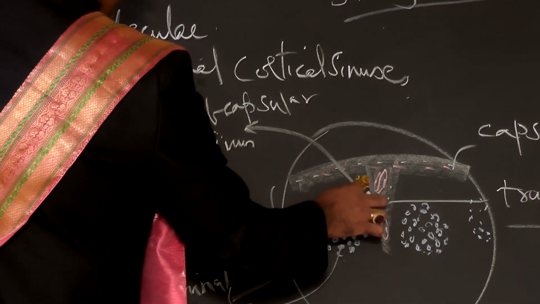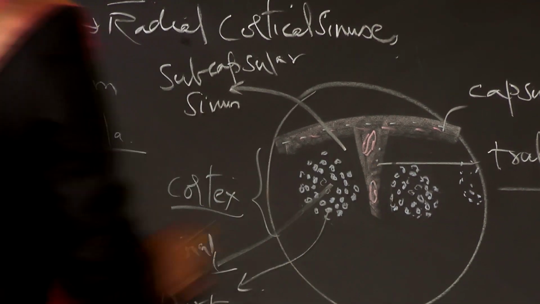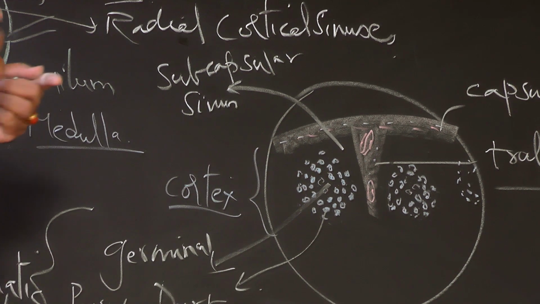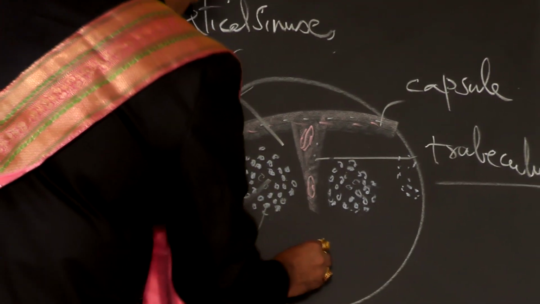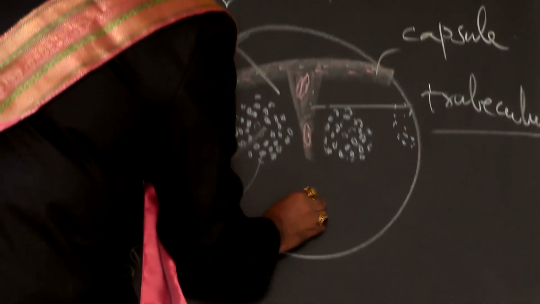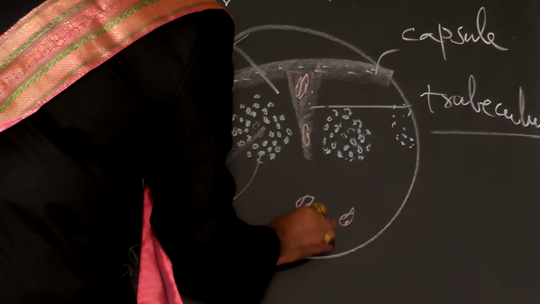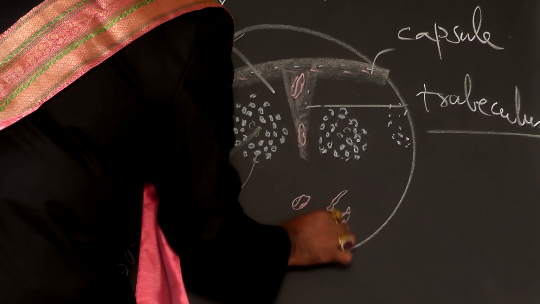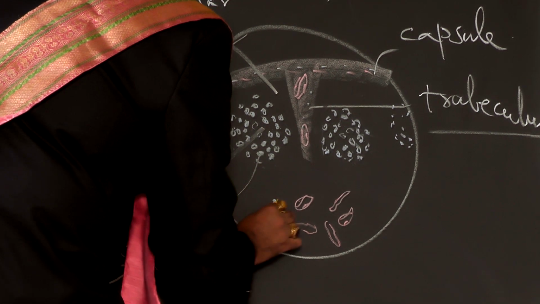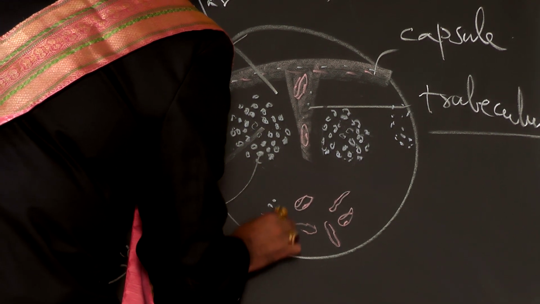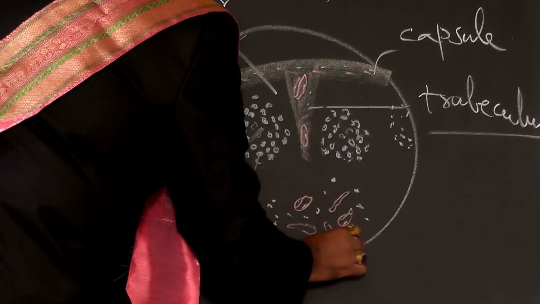And you see the subcapsular sinus is continuous with the cortical sinuses, which are radially arranged, okay. And in the medulla you have got some blood vessels, and some capillaries, and here you see the small thin fine vessels and the lymphocytes, which are arranged in the form of anastomotic cords, okay.